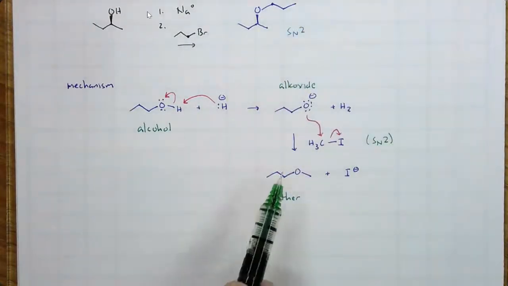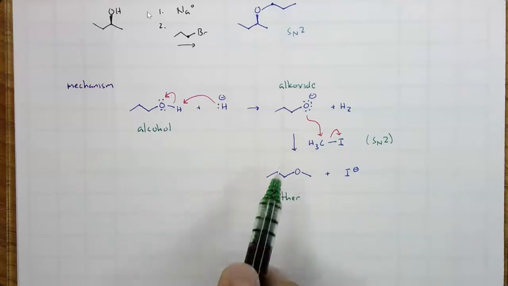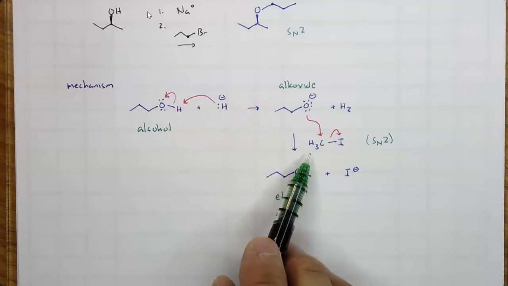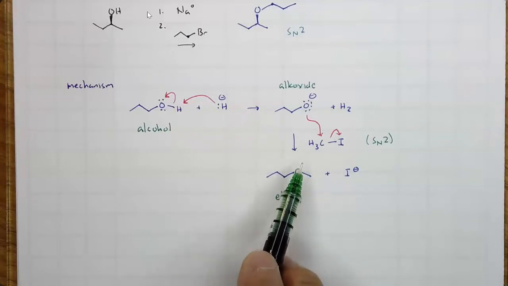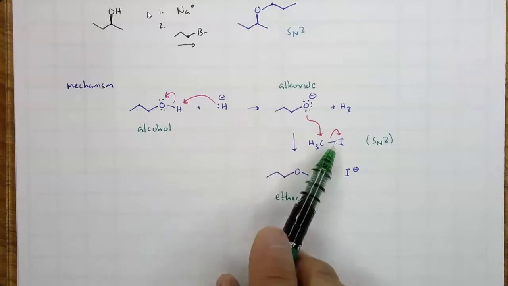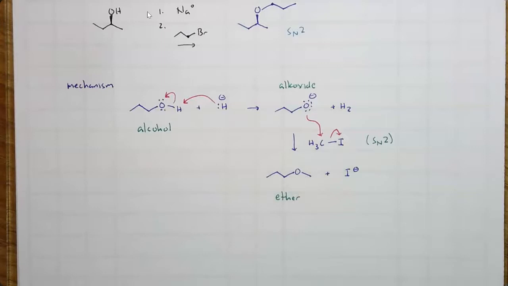That alkoxide is a strong nucleophile, strong base, and when you are paired up with an uncrowded alkyl halide, like a methyl halide or primary alkyl halide, then you will mainly do substitution, and it will be SN2.